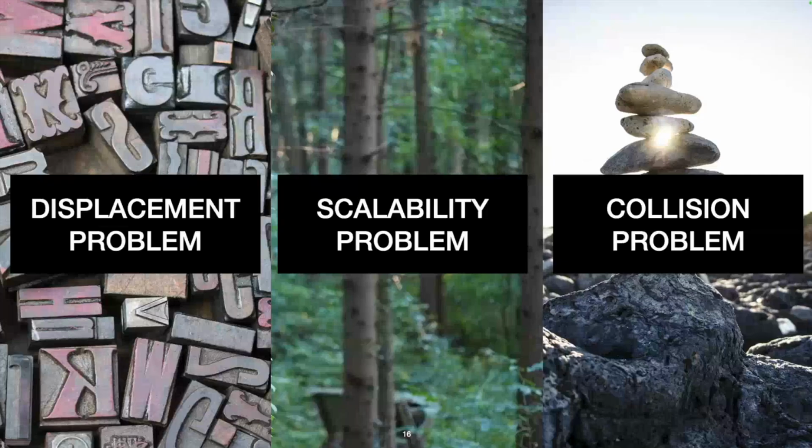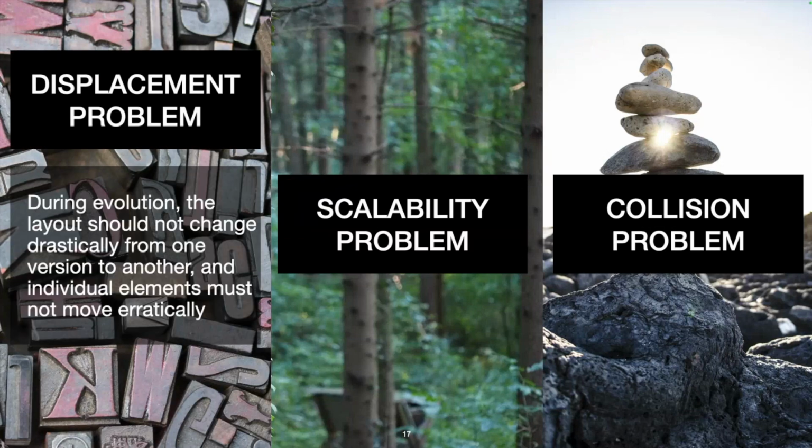So there are three main problems with layout algorithms. The displacement problem is what I just talked about, which is during the evolution, we do not want the file to move around sporadically, and we want to still be able to recognize a file as a single object and not have it go around everywhere. And also at a single time step, we don't want to recalculate the layout completely, because then it might give a completely different layout. Or at the least, we should use a layout algorithm that supports that.